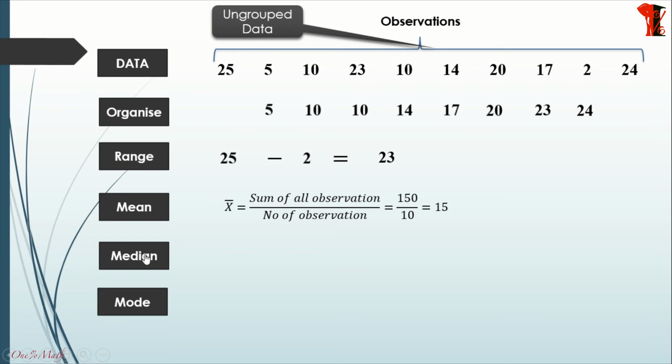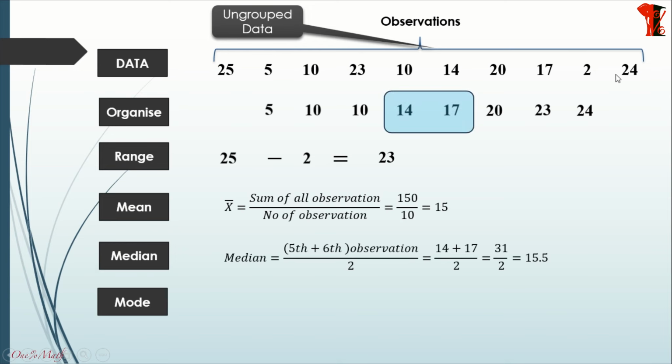The next is median. The median defines the value which is in the middle. Here, as we have 10 observations, we get 2 observations in the middle, that is 14 and 17. So we take an average of these: the 5th term 14 and the 6th term 17.